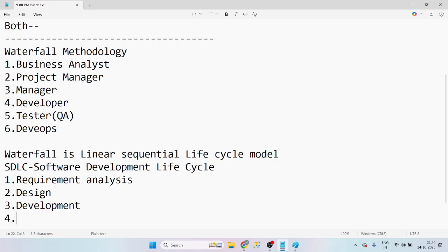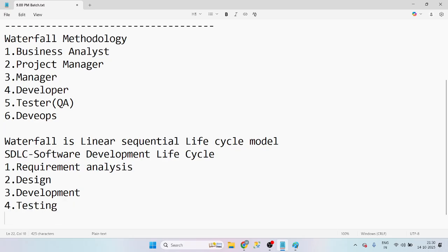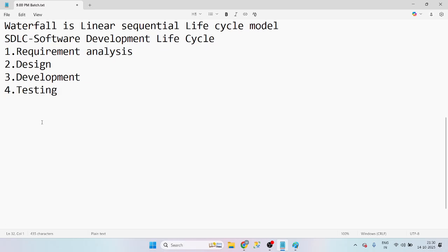The fourth one is testing. Okay. The fifth one is deployment. And the sixth one is maintenance. Okay. So these are the six phases.